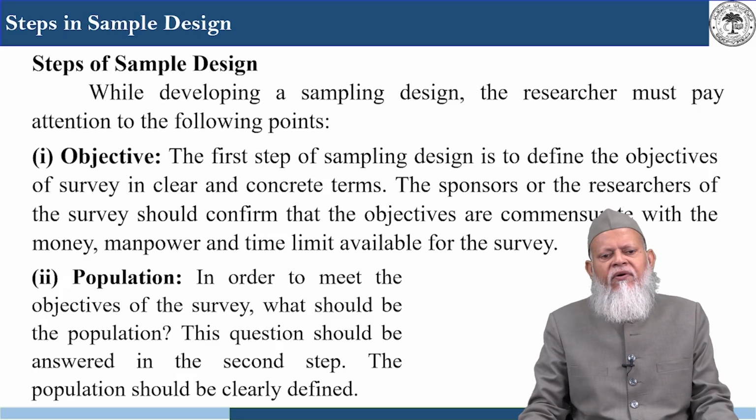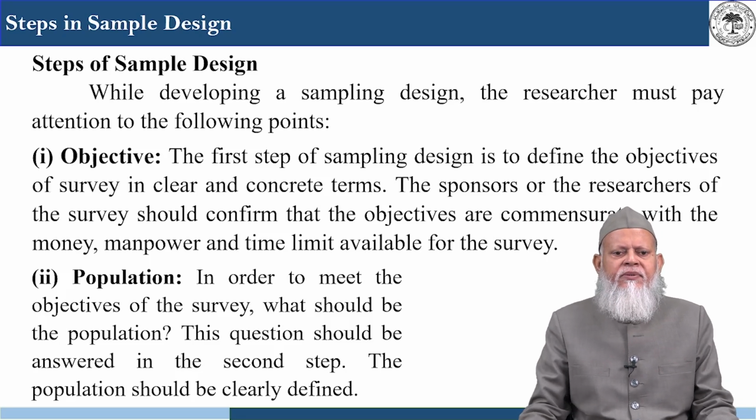The following are the steps of the sample design which we are going to discuss. While developing a sampling design, the researcher must pay attention to the following points. This we call the steps of sample design.